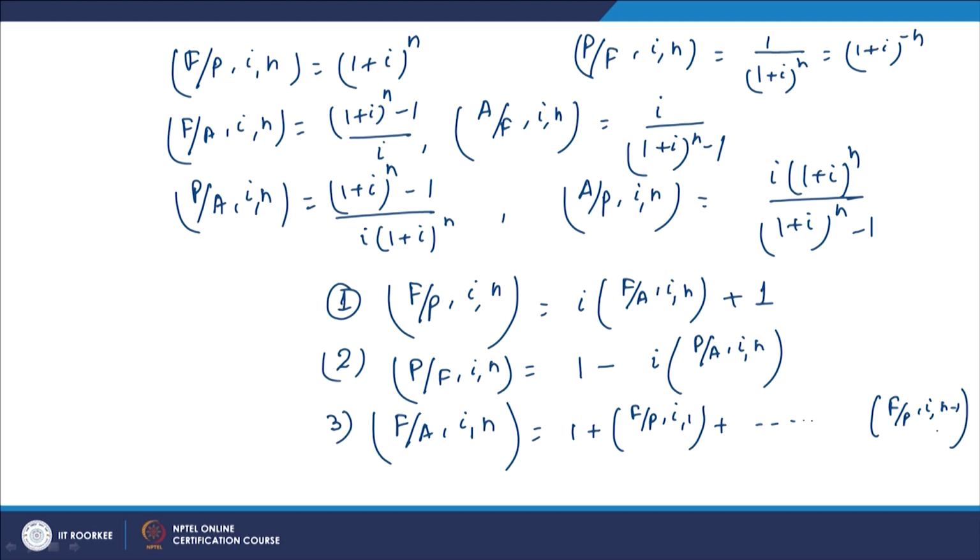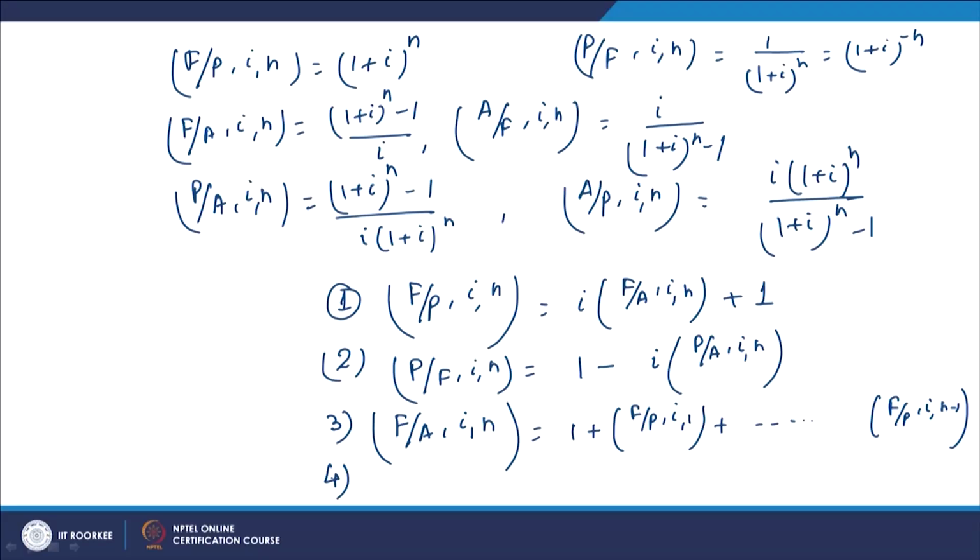So it will be 1 plus (1 plus i) plus, like that it will go, and if you add, it will be ((1 plus i)^n minus 1) upon i, because it is a geometric series. So now, (r^n minus 1) by (r minus 1), where r is basically 1 plus i, so r minus 1 will be i, remaining in the bottom. So this way you will have another relationship, and if you try to find, you will see that A by F, i, n.